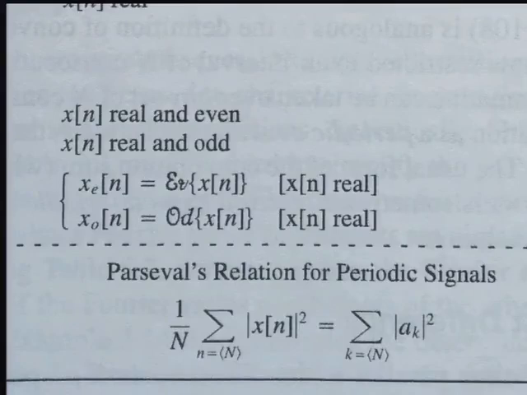So, in this case, we have a discrete signal, x of n. So, x of n squared summed over one period and divided by the period is the same as the Fourier series coefficients squared and summed over n of those coefficients.